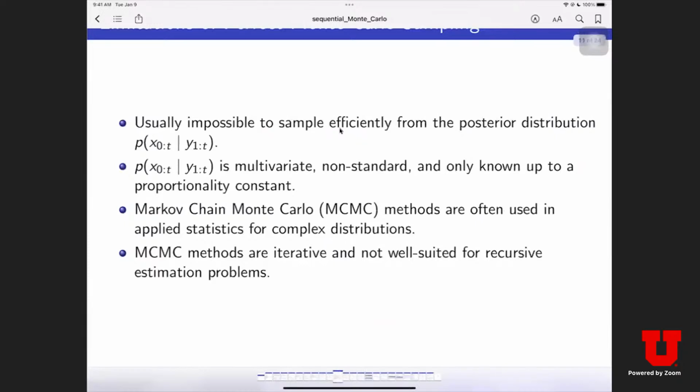In applied statistics, Markov chain Monte Carlo methods are a popular approach to sampling from such complex probability distributions. However, MCMC methods are not recursive algorithms, so they are unsuited to recursive estimation problems. So alternative methods have to be developed.